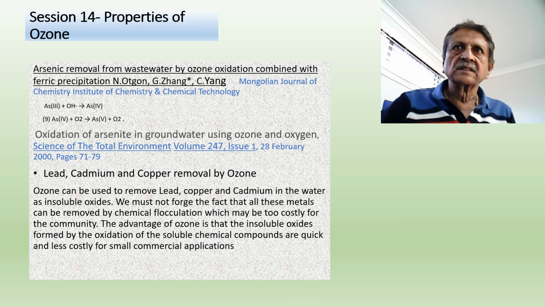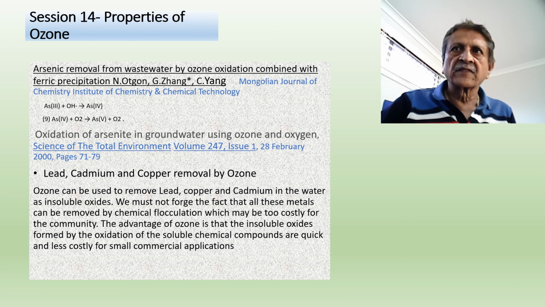Next, compared to the other metals, lead, cadmium, copper are also heavy metals, and that also can be removed by passing ozone through the water that contains lead, copper, or cadmium.